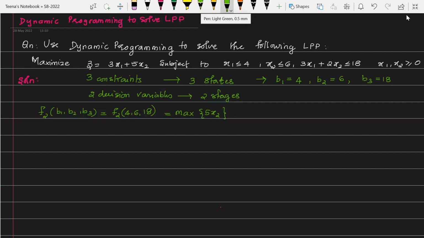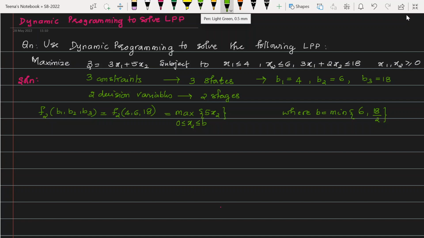So let me take f2 as maximum of 5x2, and that maximum ranges over 0 less than or equal to x2 less than or equal to b, where b is the minimum among 6 and 18 by 2.